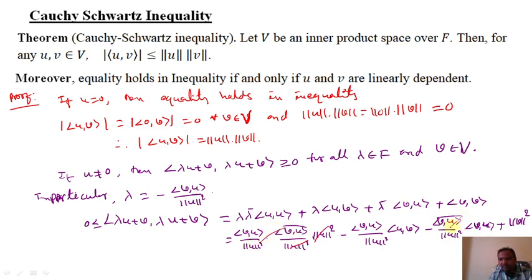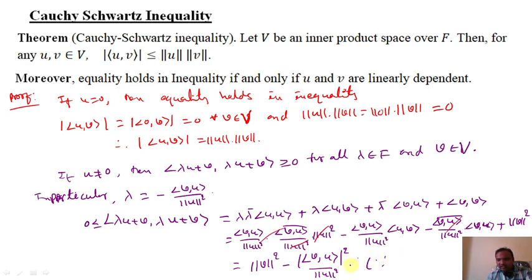Now write the remaining terms. What are the remaining terms? Norm v squared minus ⟨v, u⟩ times ⟨u, v⟩ by norm u squared. Here ⟨v, u⟩ times ⟨u, v⟩ can be written as the modulus of ⟨v, u⟩ squared.